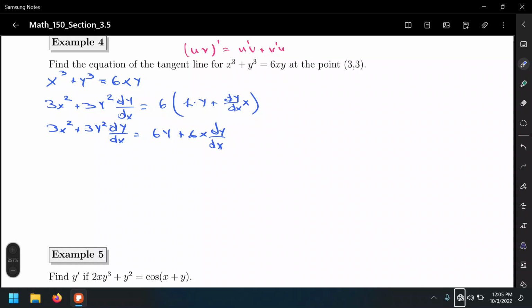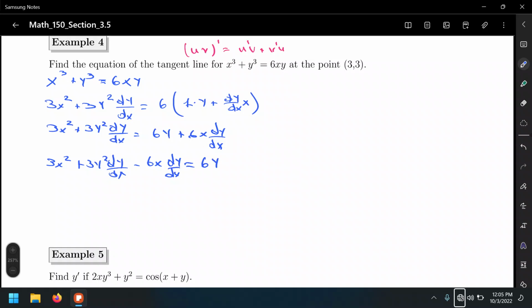Number 1, let's get all the terms containing dy dx on the left hand side of the equation. So 3y squared dy dx, and I'm going to move this term to the left hand side as negative 6x dy dx.